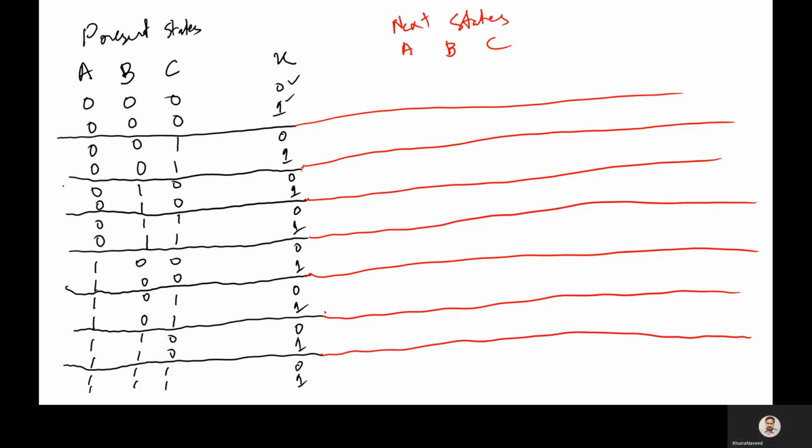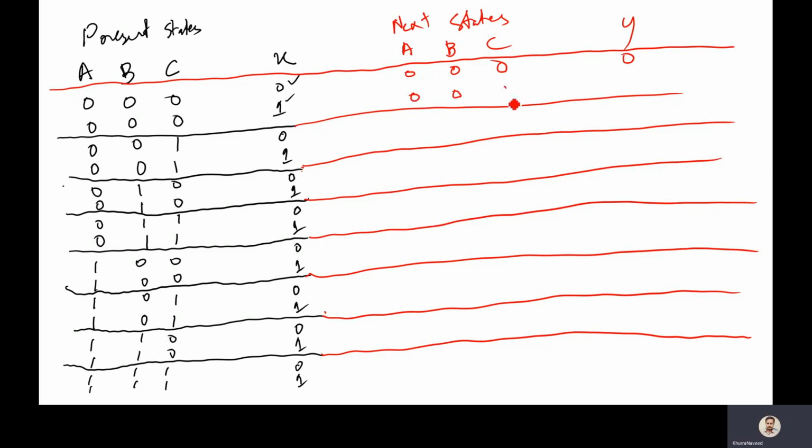Okay. So in case of input 0, the next state is still S0, that is 0, 0, 0, and output is also 0, right? And use this separator here. And in case of input 1, next state is S1, so this is 0, 0, 1, and output is still 0.